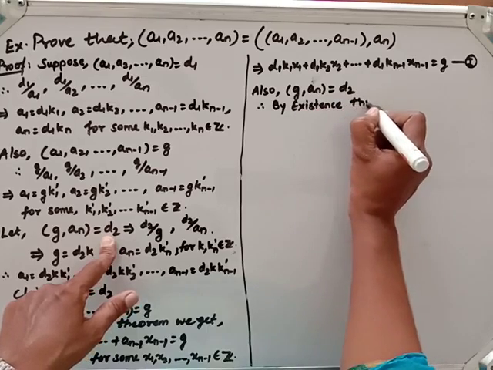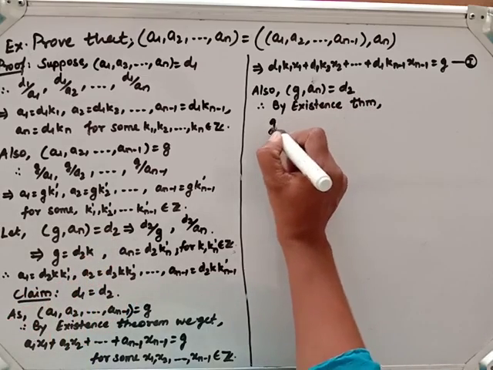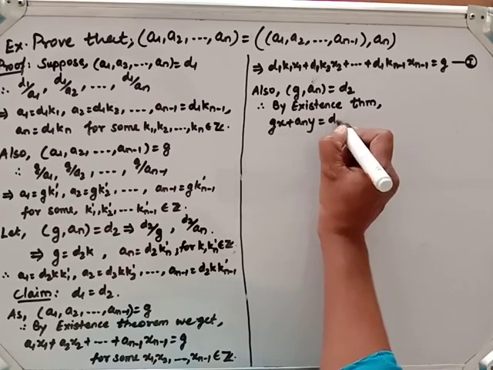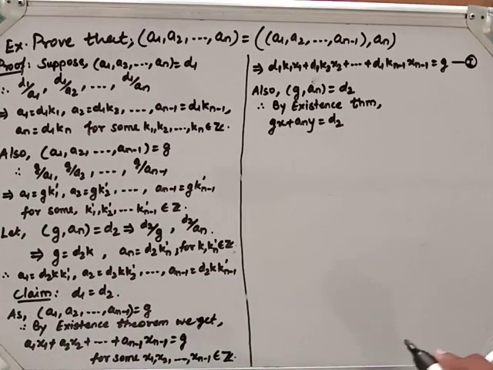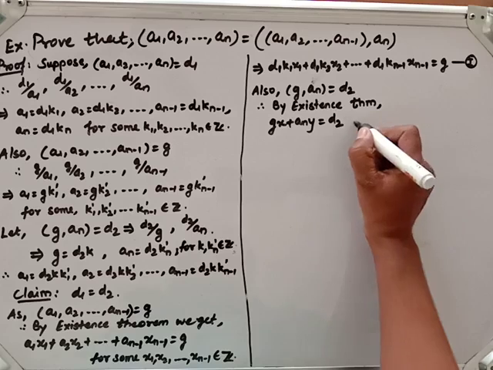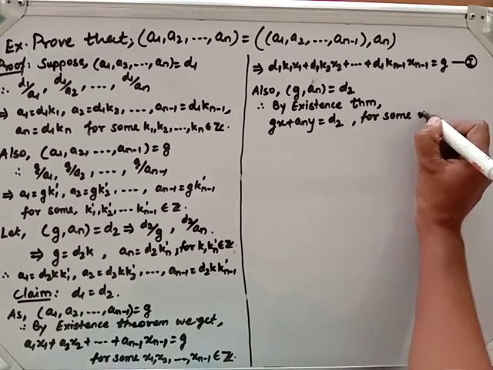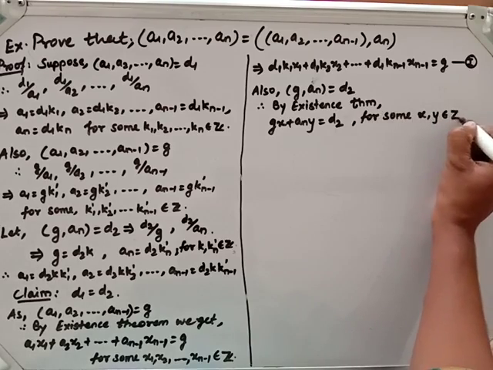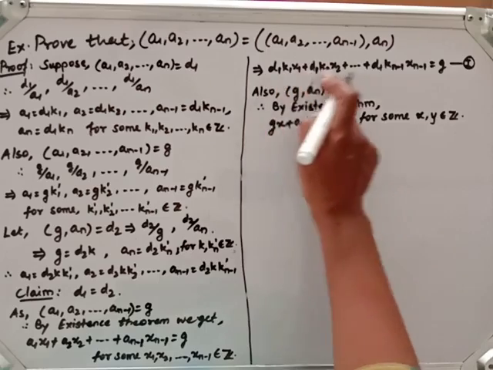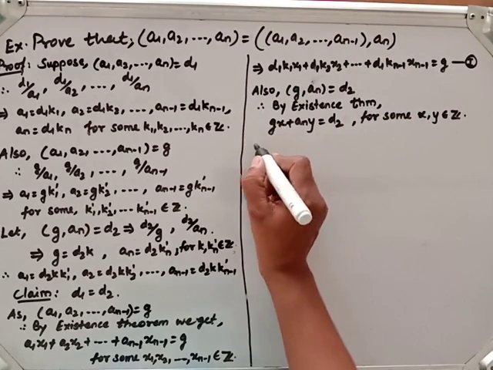By the existence theorem, we get Gx plus an y is equal to d2, for some x, y belonging to the set of integers. Now here I want to substitute the value of G.